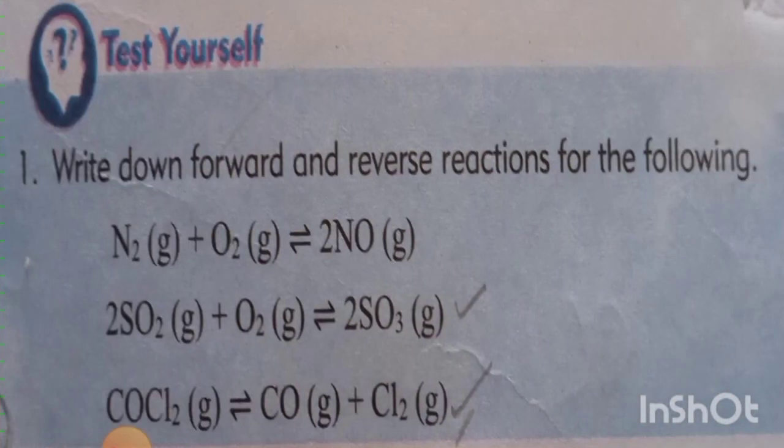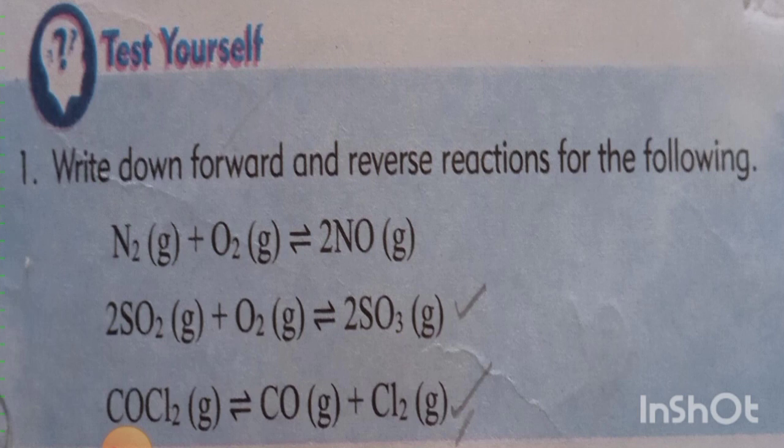Okay, now these are the examples and you have to write the forward and reverse reaction for the following. Reverse means backward reaction. Sometimes to show the reversible reaction we make the half arrow, as you can see in this picture. But what you have to do is write the forward reaction.